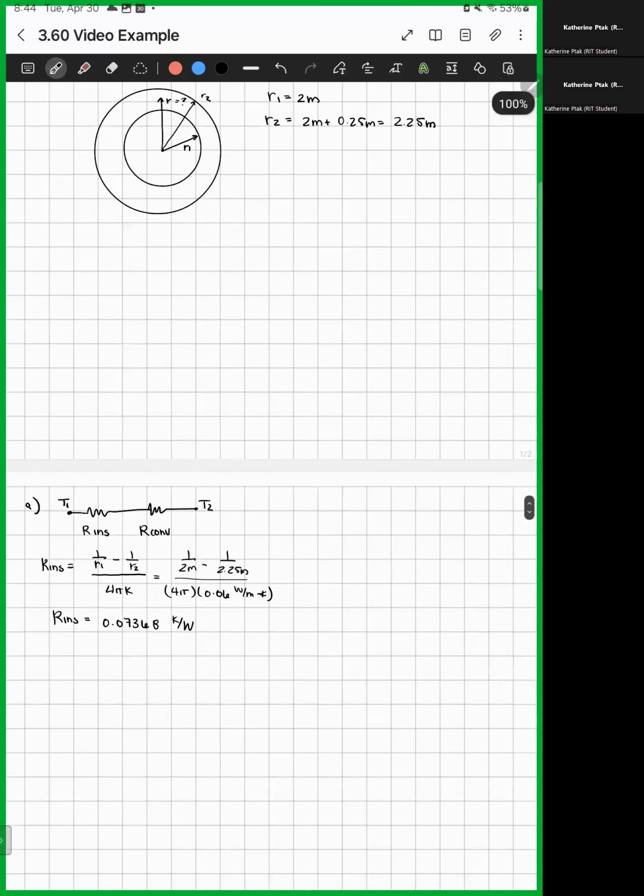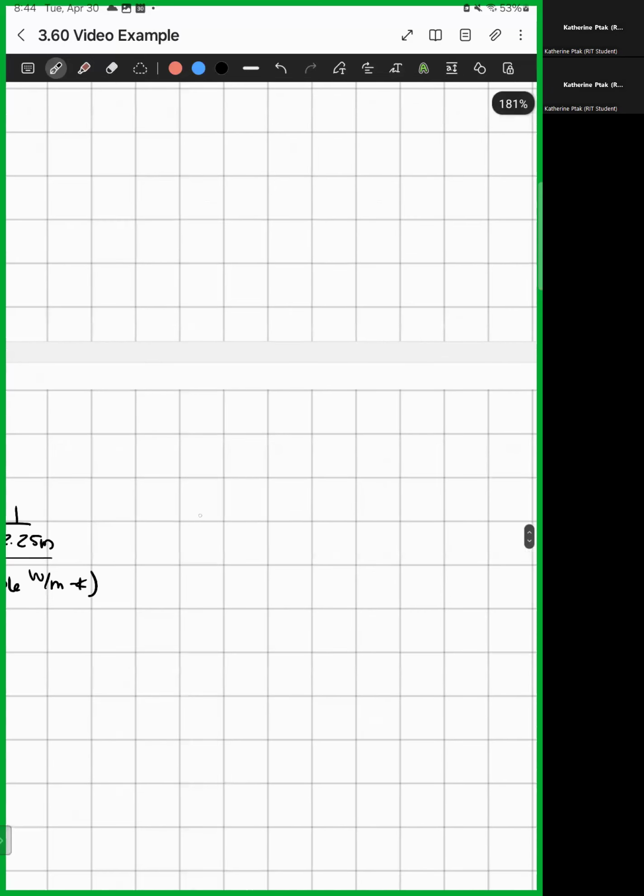And then if we go over here, we'll do our convection, which equals 1 over H A. So this is the surface area, which equals 1 over H times 4 pi R2 squared.